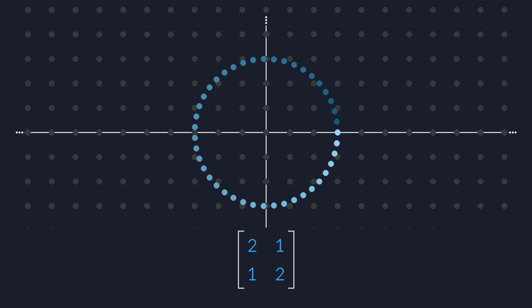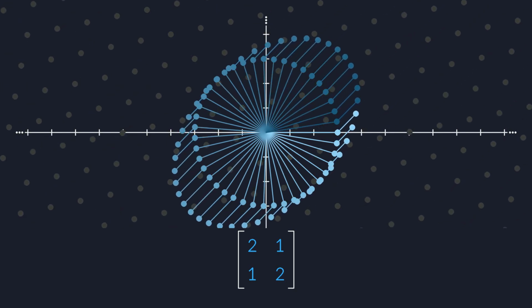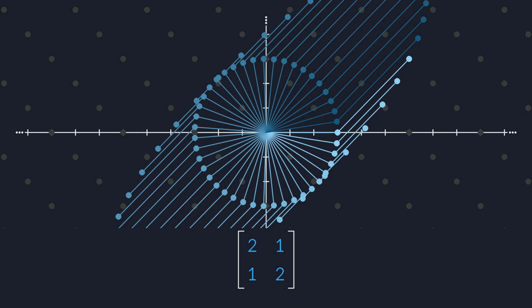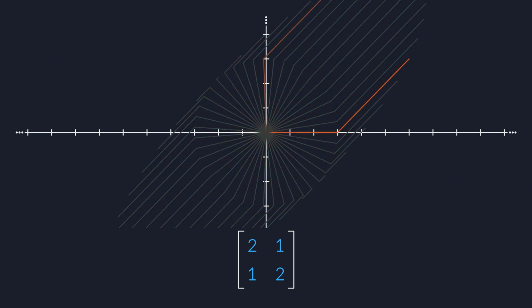What I will do is plot a large number of vectors on this circle, and then I will connect them to where they end up after the transformation. This new picture clearly shows that most of the vectors get transformed away from their original line through the origin.